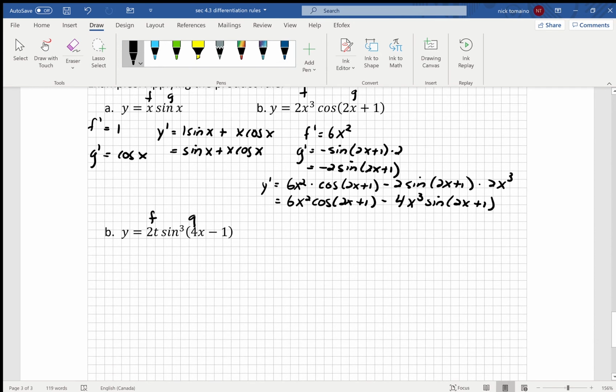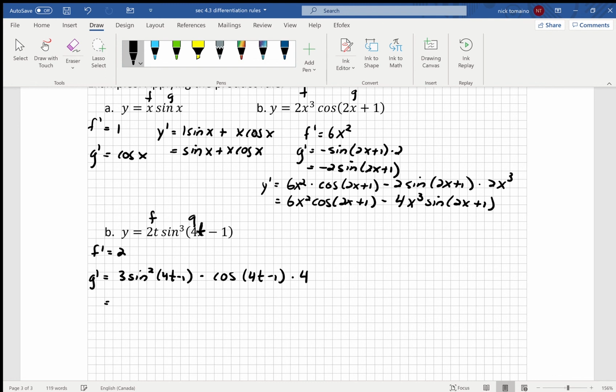All right. And the last one, okay, actually, sorry, I made a mistake here. I'm going to change that to a T. Okay, so F prime, simple, 2. G prime is 3 sine squared 4t minus 1, part 1, times part 2, cos 4t minus 1 times part 3 is 4.